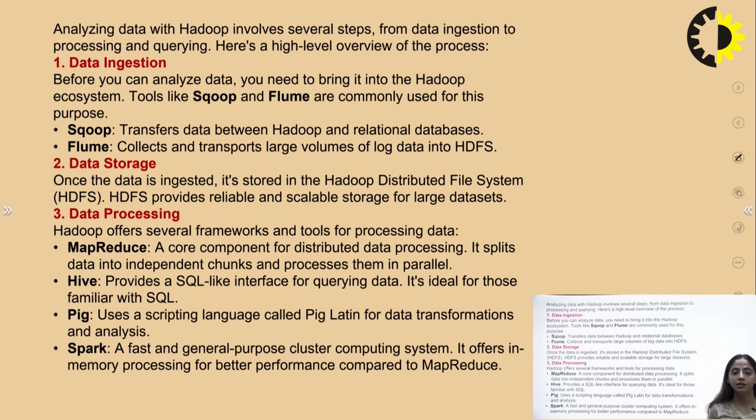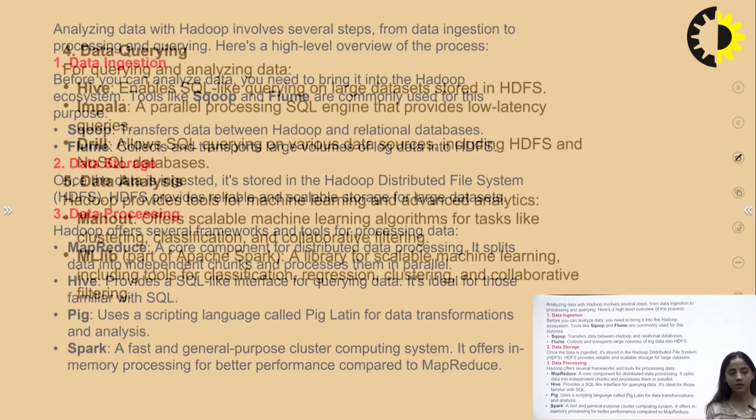Hive provides a SQL-like interface for querying data. It's ideal for those who are familiar with SQL. Now there is Pig also. Pig uses a scripting language called Pig Latin for data transformations and analysis. There is another framework known as Spark, a fast and general-purpose cluster computing system. It offers in-memory processing for better performance compared to MapReduce.